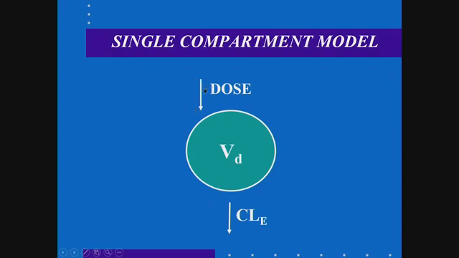We administered the dose. In our example, we gave this dose intravenously. Then we have this single body compartment, a hypothetical compartment where the drug is distributed, and then we are showing here the parameter of elimination clearance.